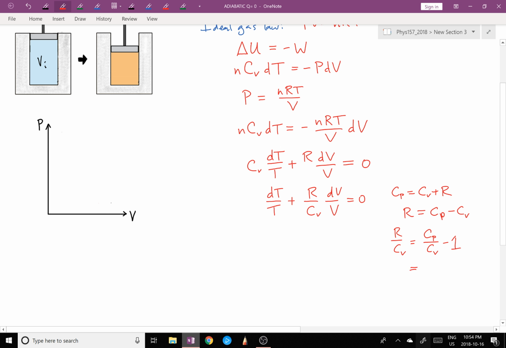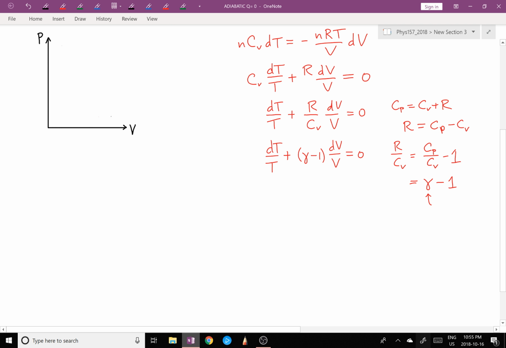And then that ratio, Cp over Cv, is what people usually refer to as the Greek letter gamma. Okay, so this is just the way people normally write this relationship in terms of gamma, but it makes just as much sense in terms of the other constants as well. Okay, so this is all equivalent to saying that dT divided by T, the fractional change in temperature, plus gamma minus 1 times the fractional change in volume is equal to 0.